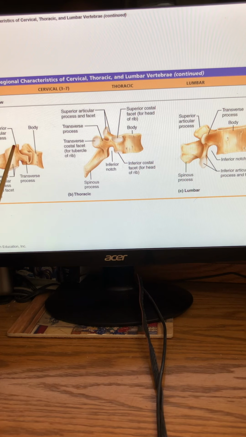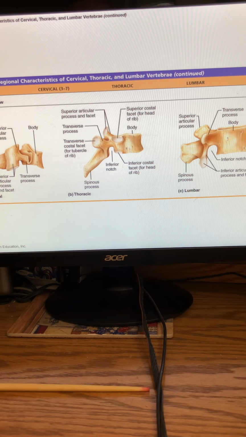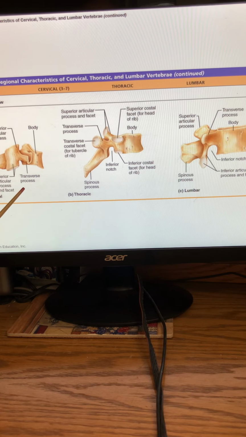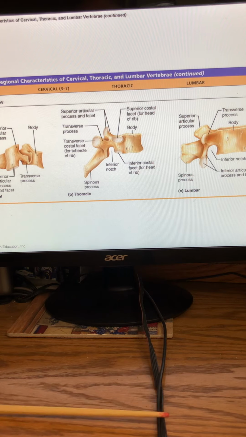But you're also going to have a superior articular process and an inferior articular process. And here, of course, is the transverse process going off to the side. So the inferior articular process of this vertebrae is going to form a joint with the superior articular process of the one underneath it. If you think of them like a bicycle chain, you're going to have the one from above joining up with the one below it. And so that's the cervical portion.